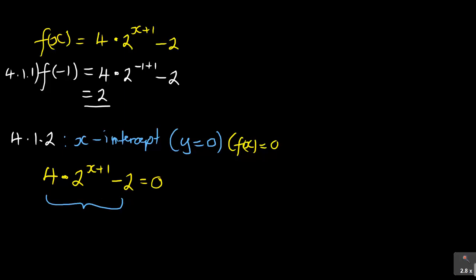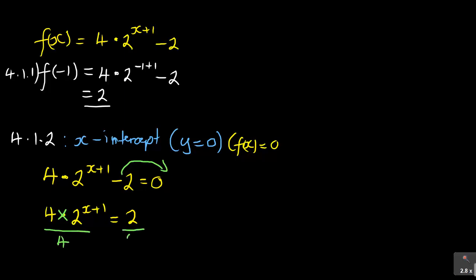So when you have done that, you need to then solve for x. First things first, you take -2 to the other side, so that you'll be having 4 times 2 to the power of x plus 1 is equal to, from -2, it will become +2. The next important thing is to divide both sides by 4, because 4 is multiplying there, and the opposite of multiplication is division.